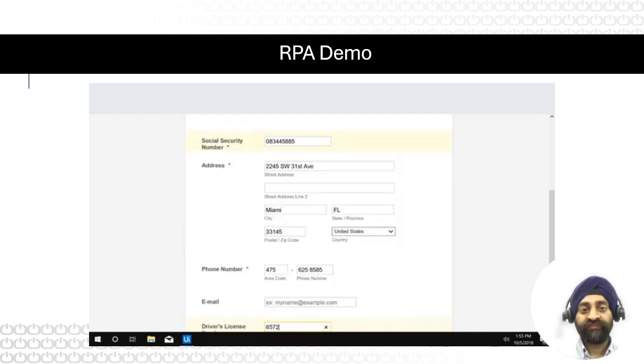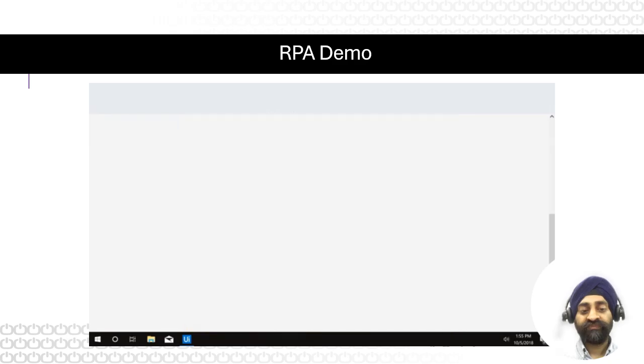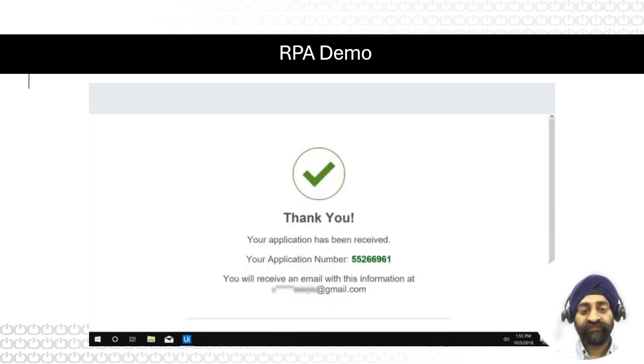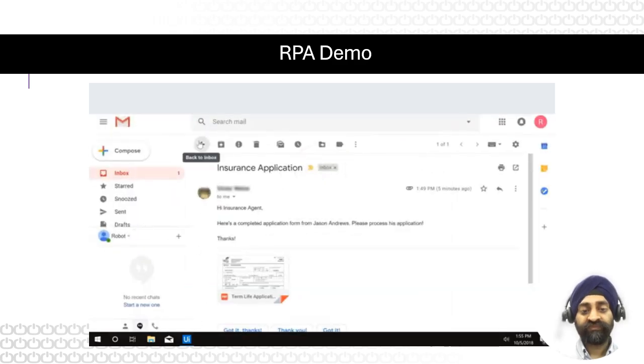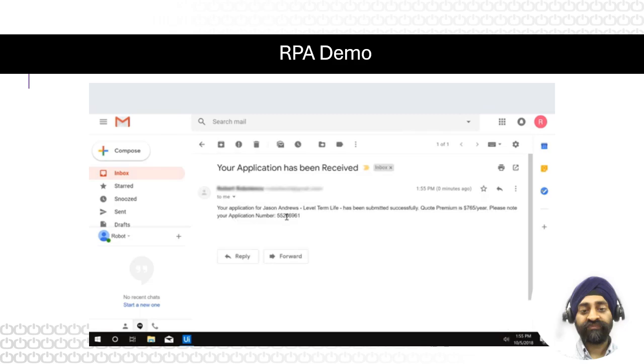Now that the application is submitted, the robot pulls the application number and emails the customer, informing them that their application has been processed. With UiPath, the insurer has reduced the application process's manual work, decreased processing time, and minimized error. This not only improves efficiency, but improves the customer experience as well.